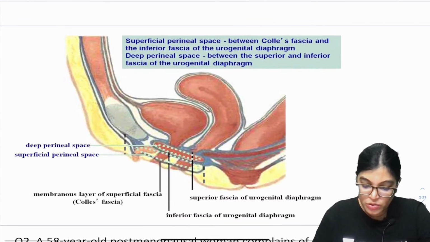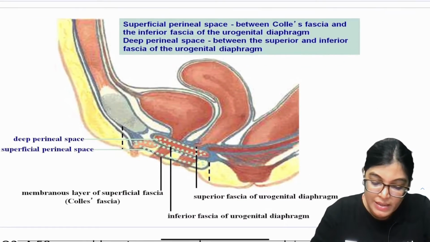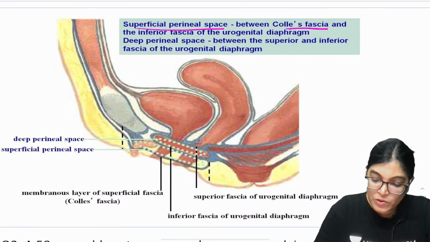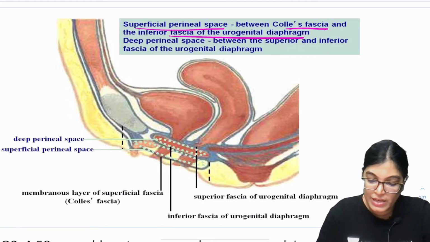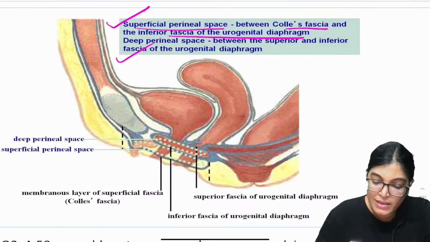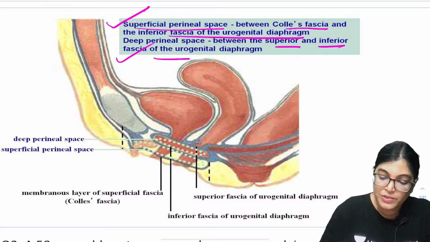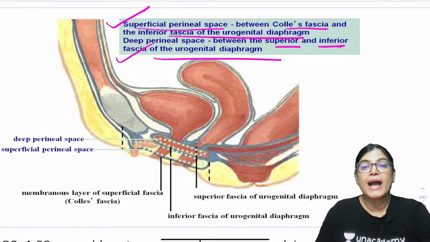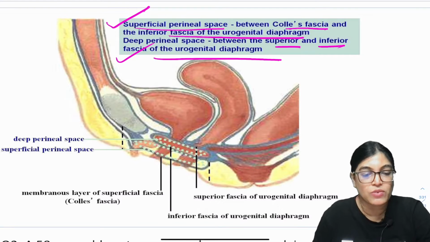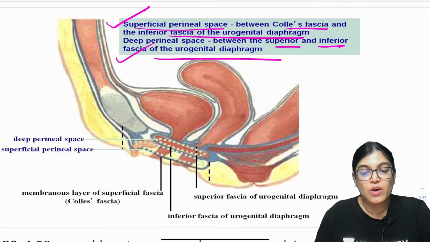So now let me show you this diagram. Actually the superficial perineal space is asked, and it lies between Colles fascia and inferior layer of urogenital diaphragm. So see here the definition of two fascias, and deep perineal space is between superior and inferior layer of urogenital diaphragm. Actually inferior layer of urogenital diaphragm is only the perineal membrane, which can also be called the external perineal fascia of Gallaudet.